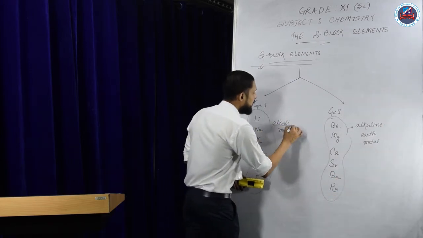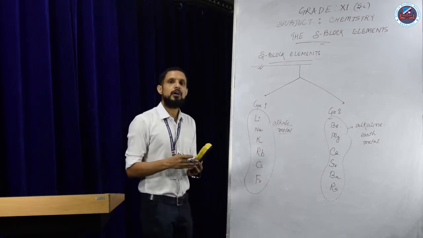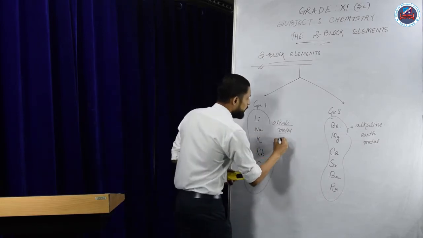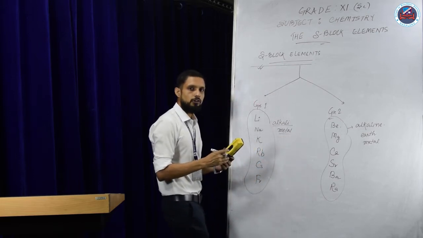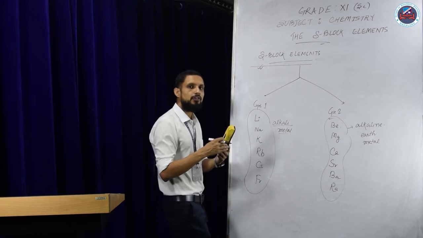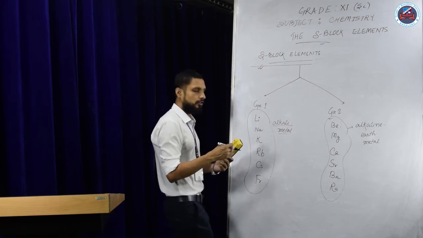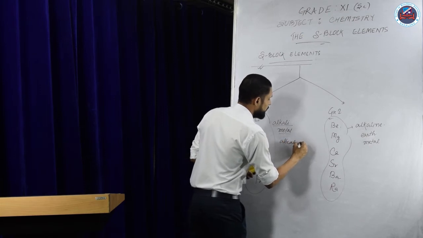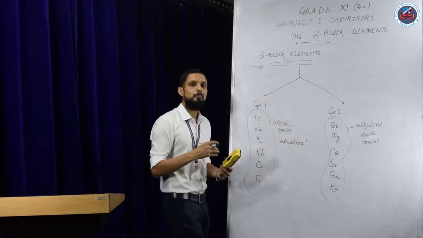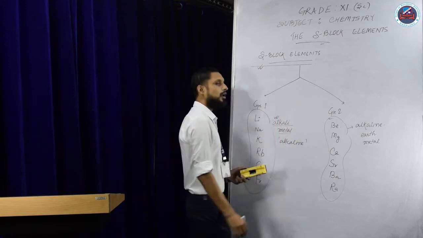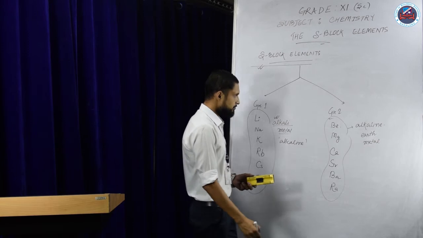Now alkali metals. Why are they known as alkali metal? Because if you prepare the solution of alkali metal in water, that means the aqueous medium solution is alkaline in nature. Alkaline means basic. So that's why they are known as alkali metal.